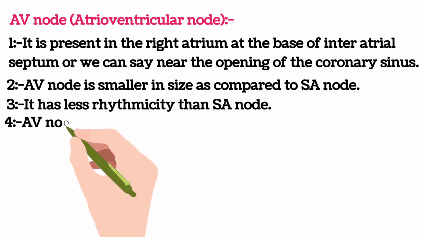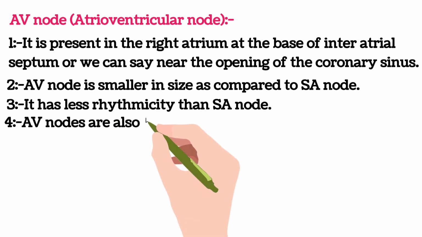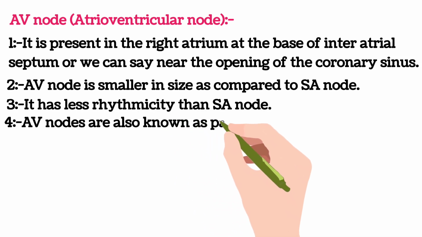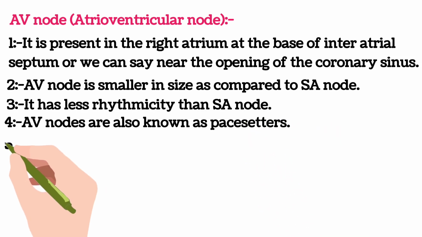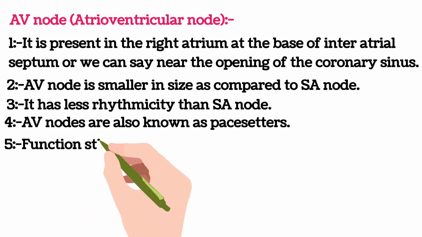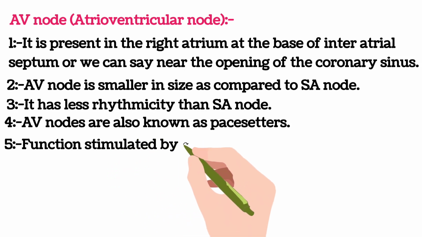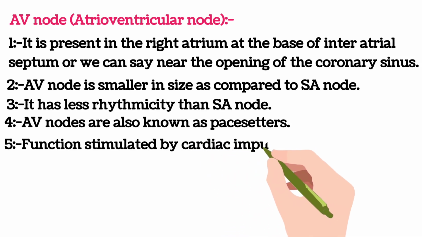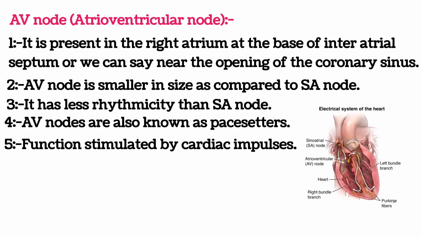Fourth, the atrioventricular node is also called the pacesetter. Students, the sinoatrial node is called the pacemaker, and the atrioventricular node is called the pacesetter. The function of the atrioventricular node is regulated by cardiac impulses. So these were the differences between the atrioventricular node and the sinoatrial node.